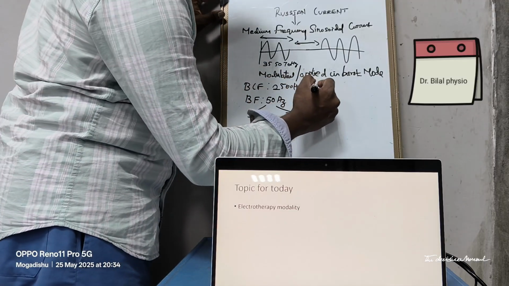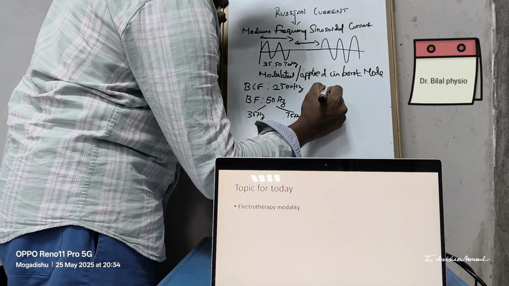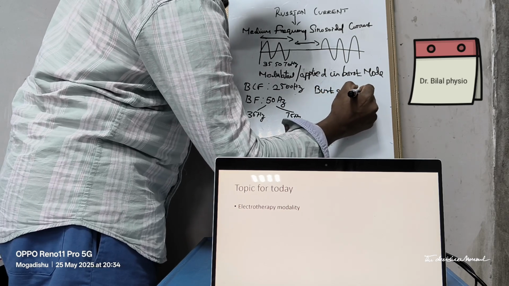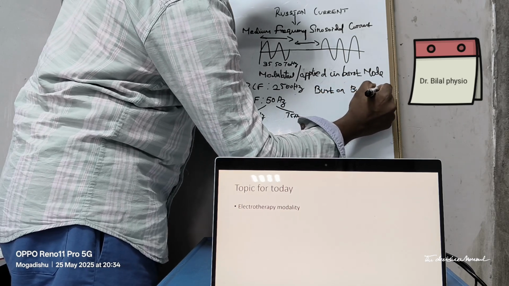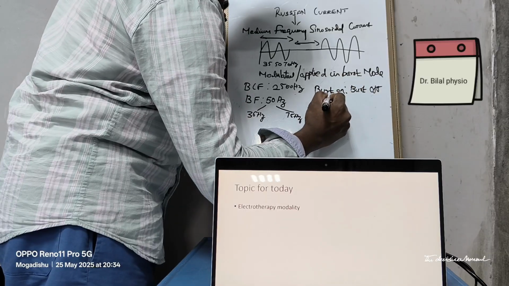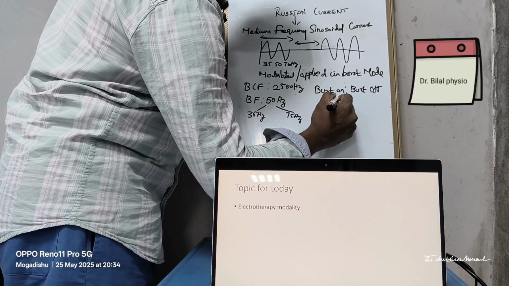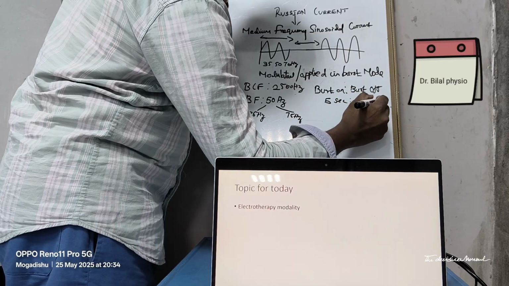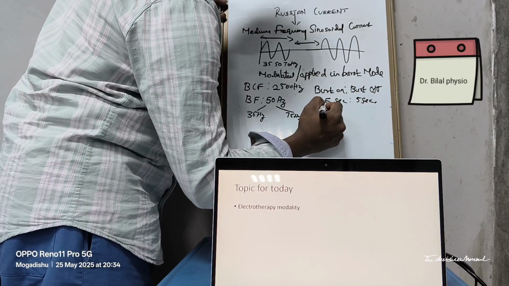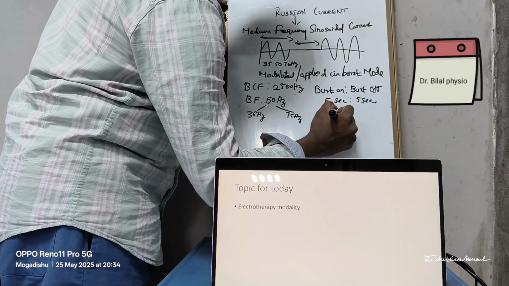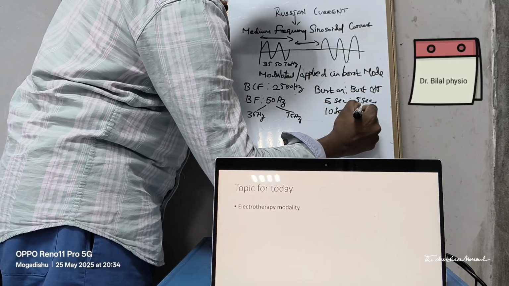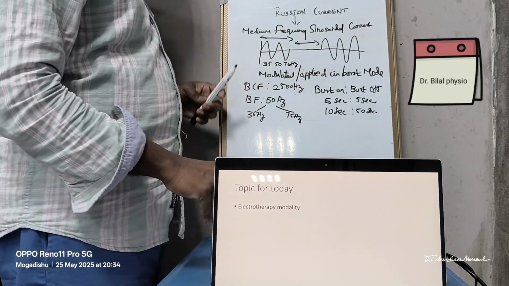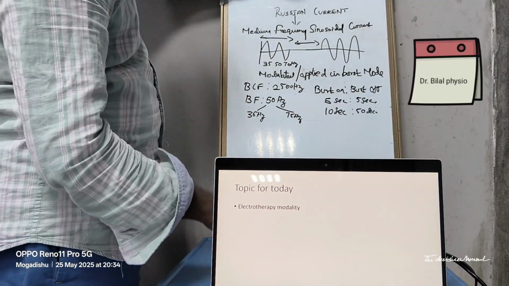With a burst on time or duty cycle period, burst on and burst off time, for some conditions we can use 5 seconds on, 5 seconds off. For some other conditions we can use 10 seconds on, 50 seconds off. So this may vary according to the clinical condition.